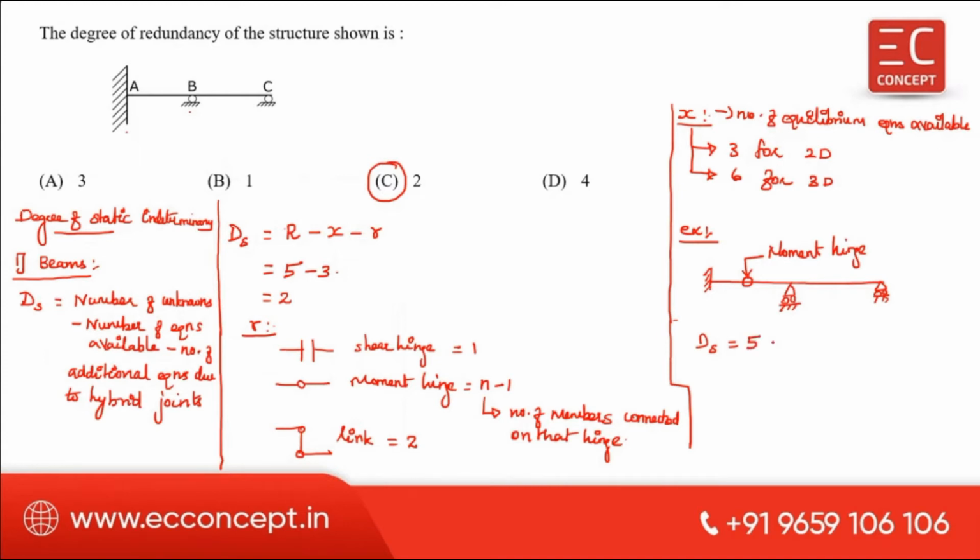Number of unknowns 5. Minus x, number of equations available 3. Minus, here there was a hybrid joint. This is the moment hinge, therefore you have to take it as n minus 1. So this is 5 minus 3. What is n? Number of members meeting at that hinge. 2 members are meeting. 2 minus 1. Therefore, answer for this question is 1. That is the static indeterminacy.